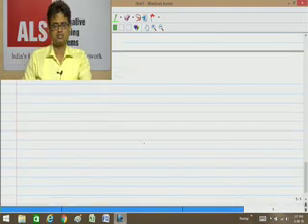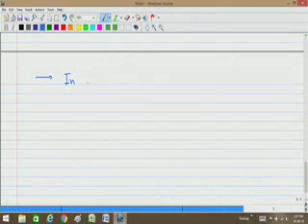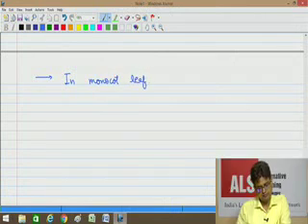Monocot leaf, there is nothing special about it. You have already seen the diagram, but you can write a few points. In monocot leaf, stomata are present on both leaf surfaces.